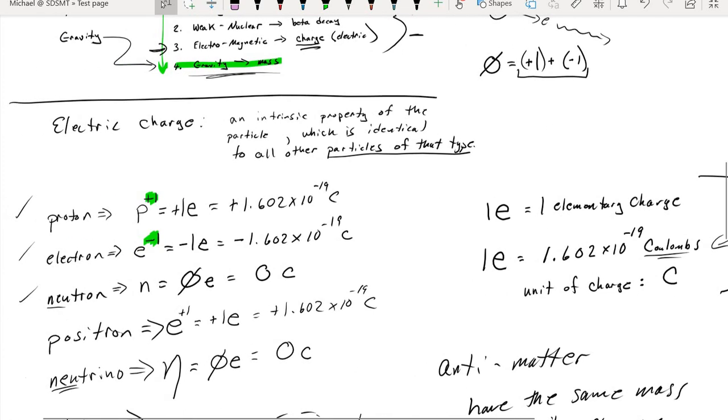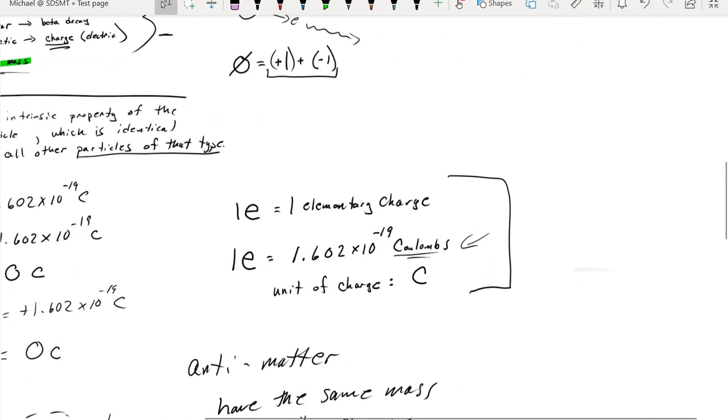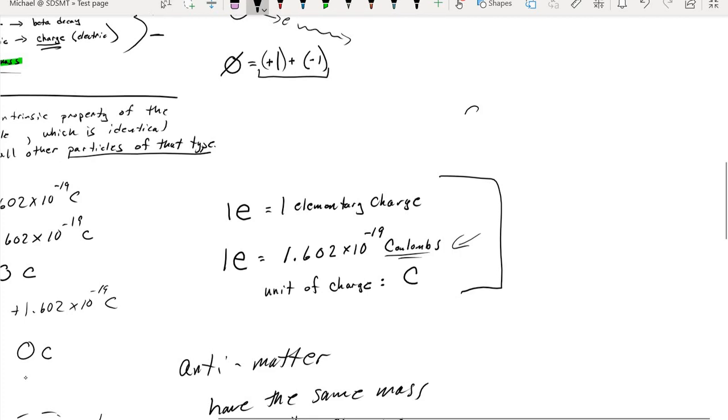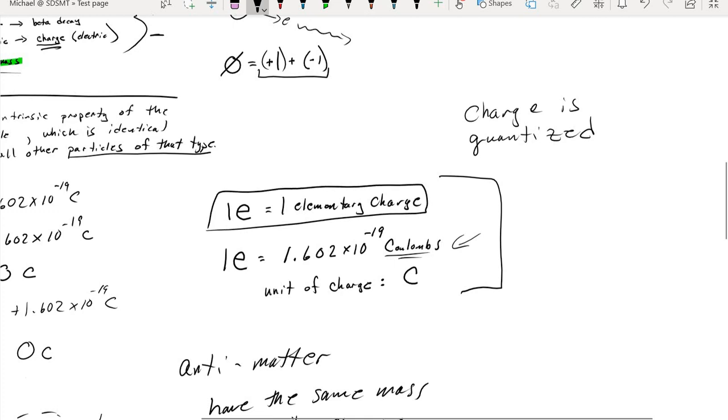But we said that charge was quantized, and the elementary charge was the smallest individual amount of charge that we could have. And so any other charge value would have to technically be some integer value of the elementary charge. So n is some integer value of e, the elementary charge.